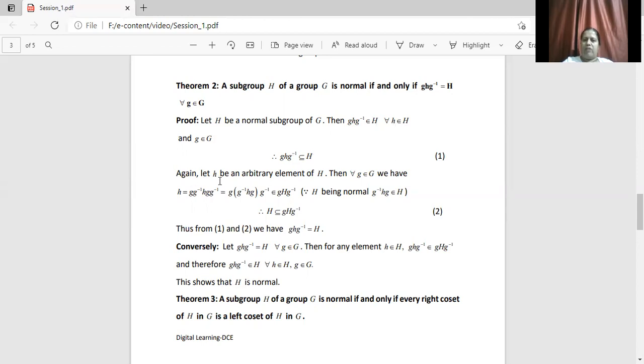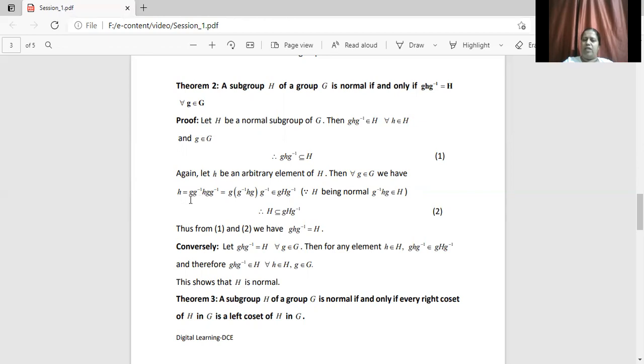Again, we'll have one arbitrary element small h of capital H. Then for all g belongs to G, we have h is equal to g h g inverse, that means on both sides you operate with g inverse.